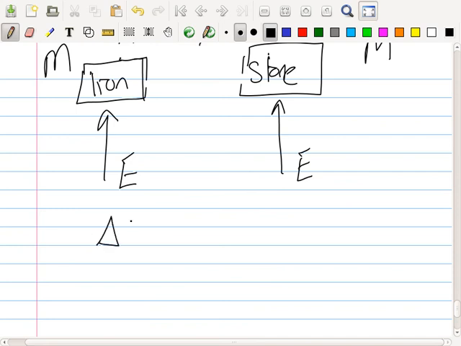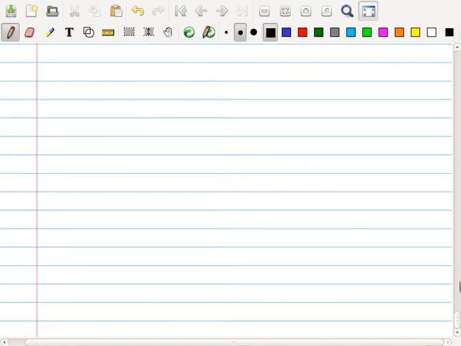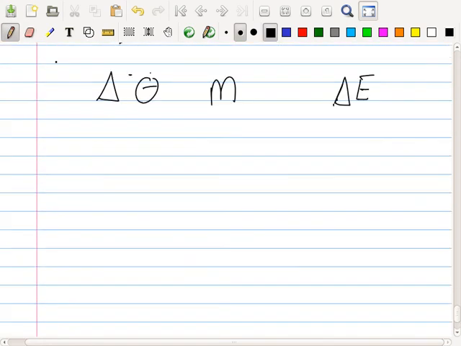So delta T means the change in the temperature. M is the mass, and they use delta Q here, but I don't want to use delta Q. I'll use delta E. So this is what happens.